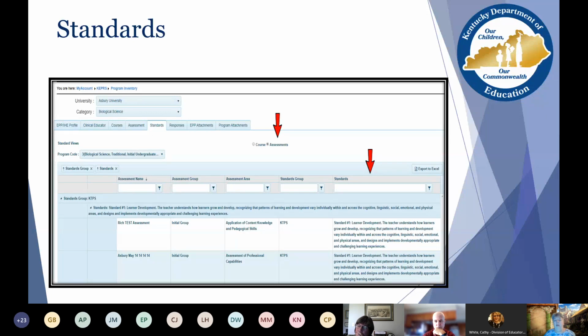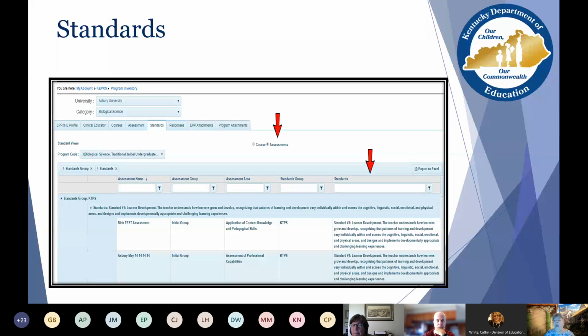In the assessment view, the system automatically selects the group. And again, you can sort and filter by dragging and dropping into the blue line above, or you can export to Excel if you're more comfortable sorting and filtering by using Excel.